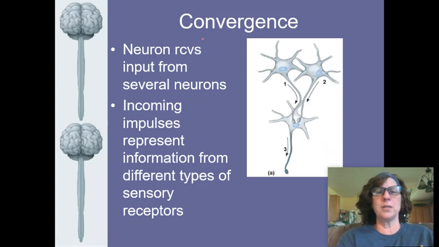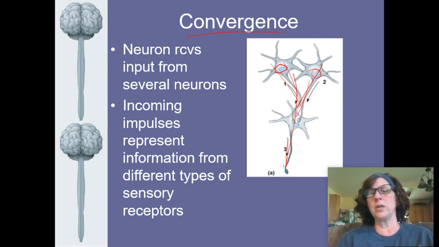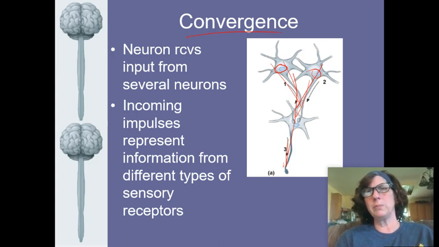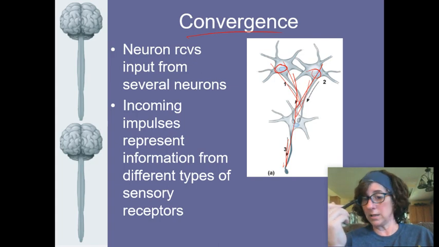Okay, there's convergence. Better picture than I had. Multiple neurons coming together so that I've got information coming from a couple places headed one direction. Think about it like if you had an apple and you took a bite of the apple, you're going to have multiple sensations. You've got the sight. I saw the apple. You've got the smell that is distinctive to that, and you've got the taste.